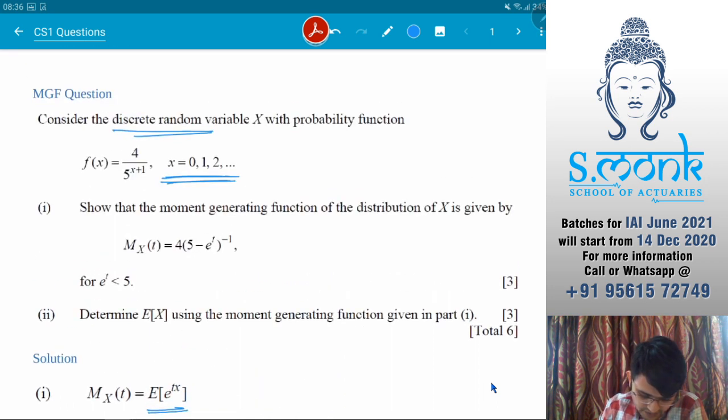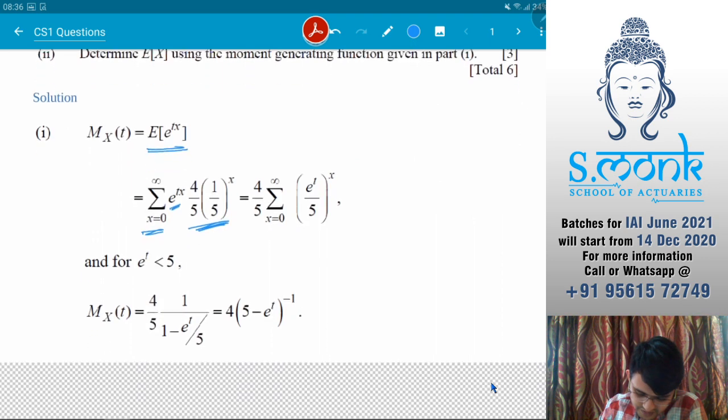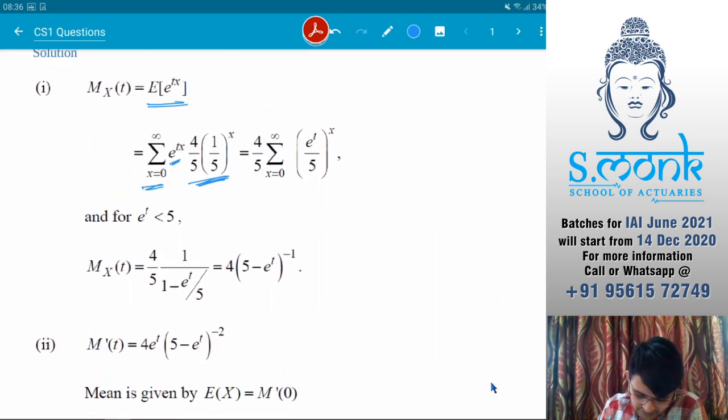So we'll combine it and this term becomes nothing but a geometric progression. Now identifying whether it is an arithmetic progression, geometric progression, or any other like e raised to x or log of x, these are very much important.